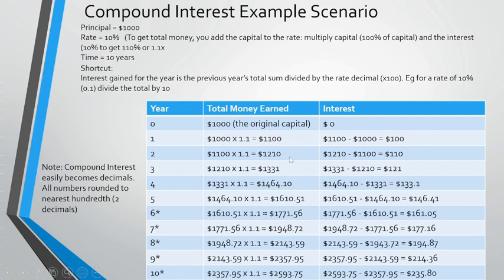In other words, 1,000 times 1.1 to the power of 2. Notice 2 is the same as the year here. Then you're multiplying by 1.1 again. So that'd be like saying 1,000 times 1.1 to the power of 3, and see the year 3 over here. That's just a shortcut I noticed, although a lot of people might have noticed that if they work with compound interest.